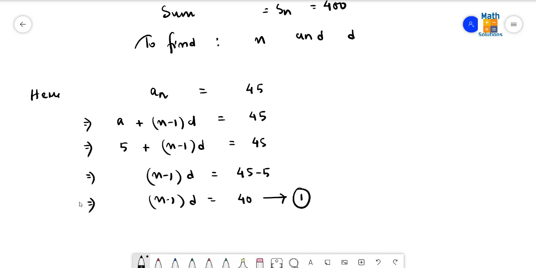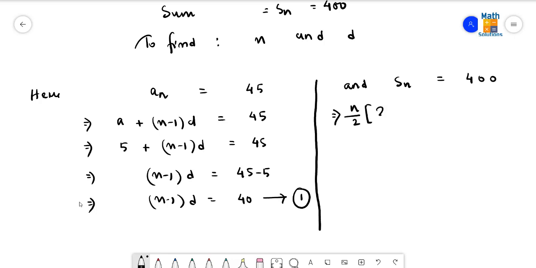So let's mark this as 1. Then here comes the other part, and we get here Sn to be 400. So for Sn we can write what? n by 2 within bracket twice a plus n minus 1 d is equal to 400.